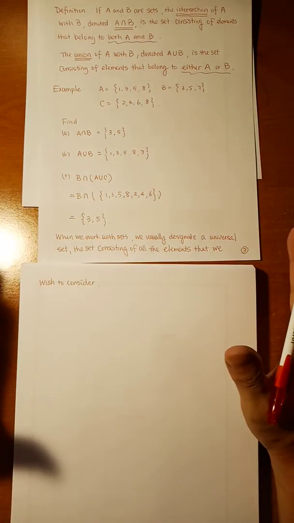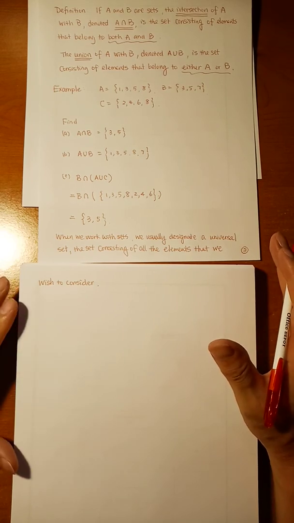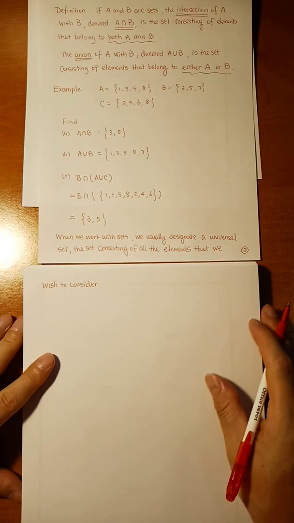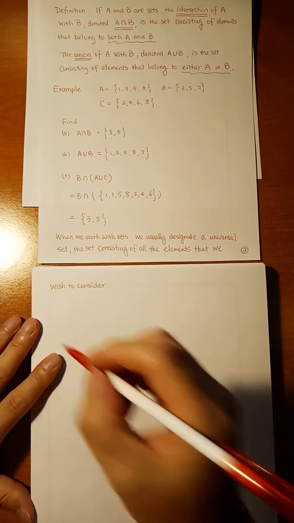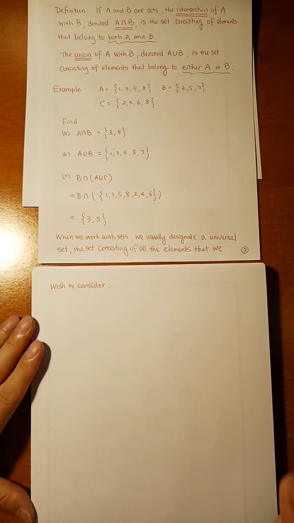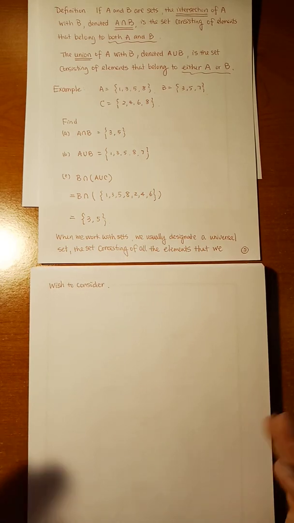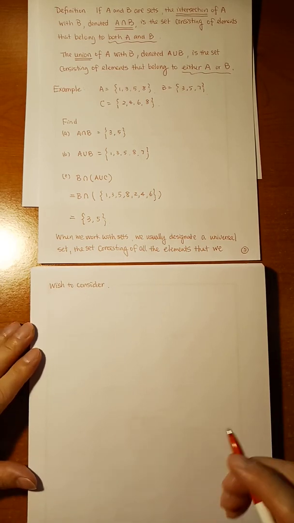Outside it, we don't consider. That is the universal set. We always assume some universal set there, but sometimes we just don't make it very clear.